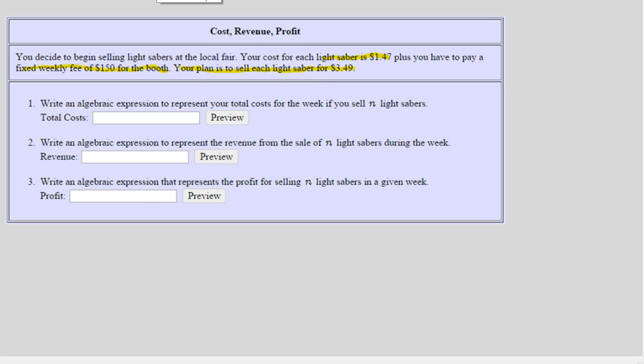So, first we're asked to write an algebraic expression to represent our total cost for the week if we sell n lightsabers.